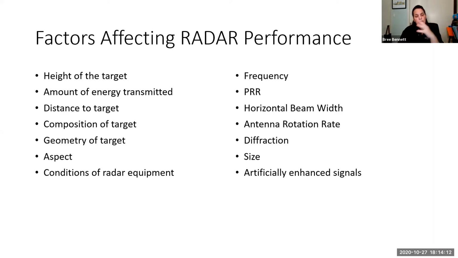We know it comes back at a much weaker pulse than when we shot it out. We shot it out very powerful, and then we magnify the return to get that little blip on the screen. We want that blip to be as good as possible, so all of these different things determine how much return we are going to get.